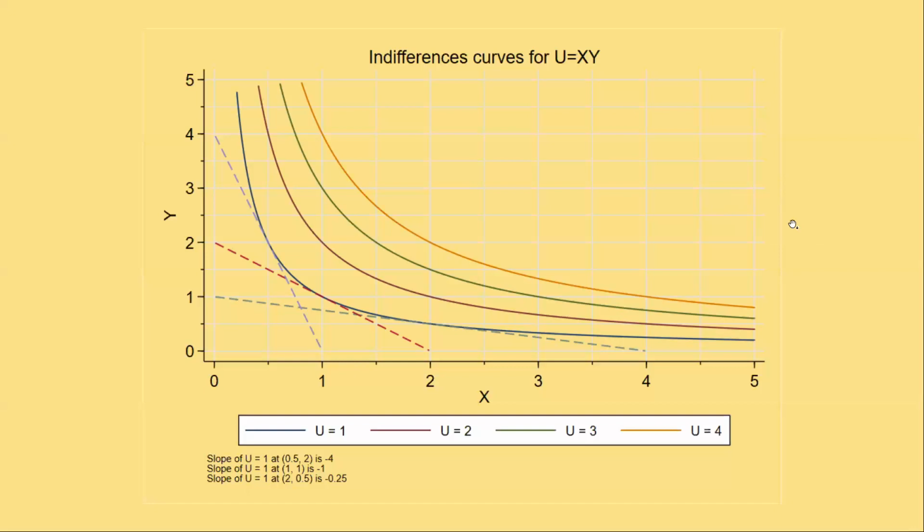So this is some indifference curves for this specific utility function u equals x times y. When you change the value of alpha and beta, the shape or the position of the indifference curves will change, but overall it will look something similar to this.